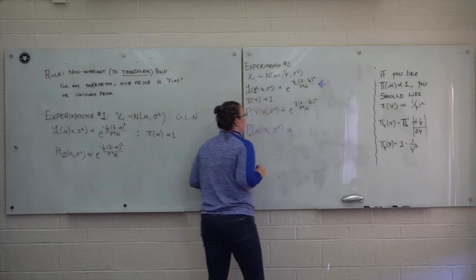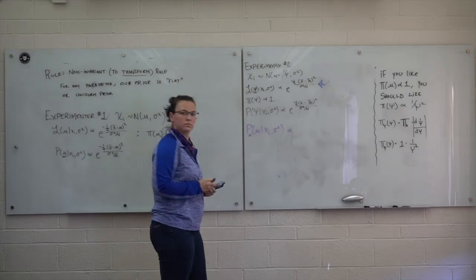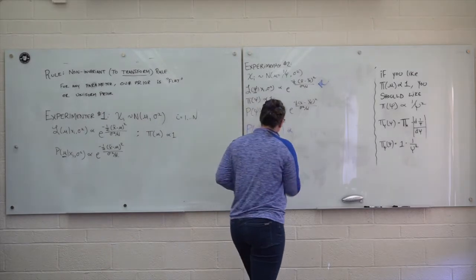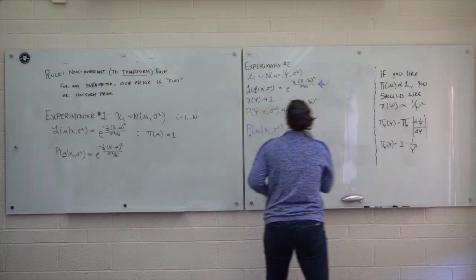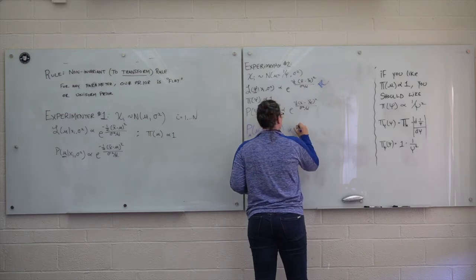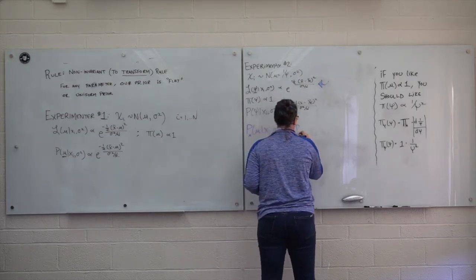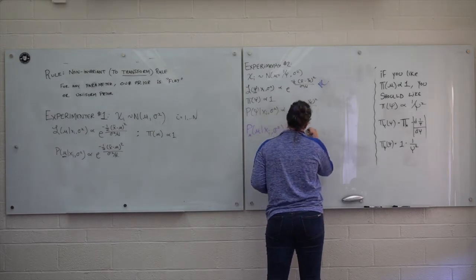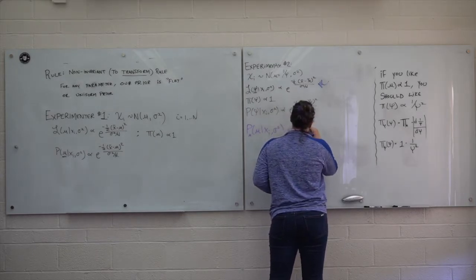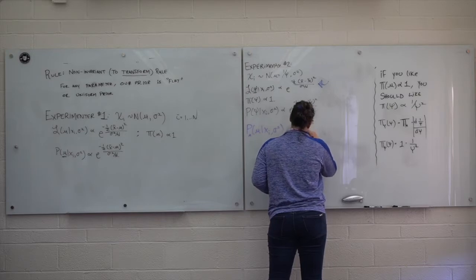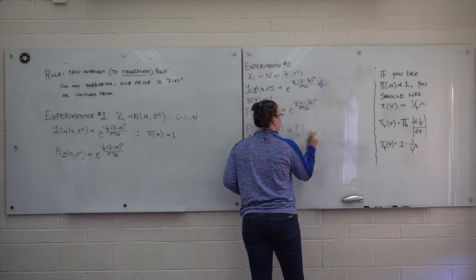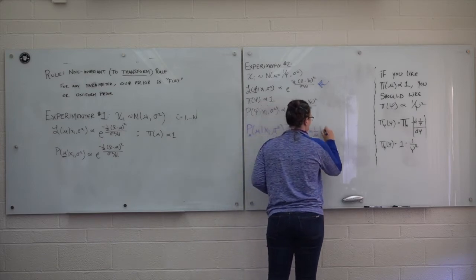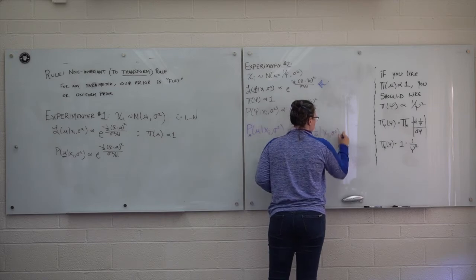It's going to be proportional to pi of psi, where we're going to plug in psi equal to 1 over mu, conditioned on our data, sigma squared.